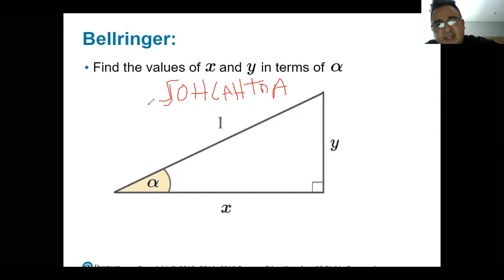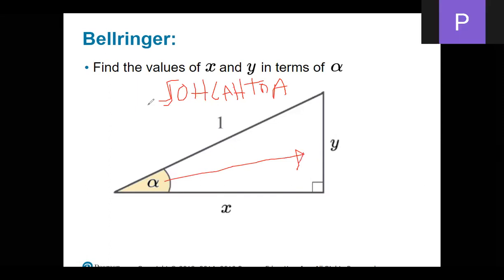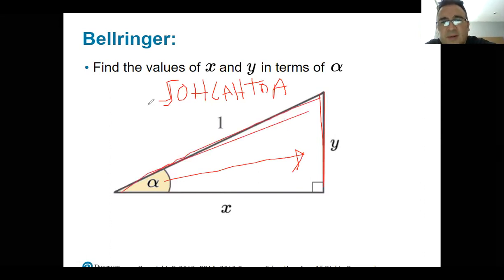Y is the side that is what to alpha? Opposite. And we know that the hypotenuse is going to be 1. So now I can find what Y is in terms of alpha.